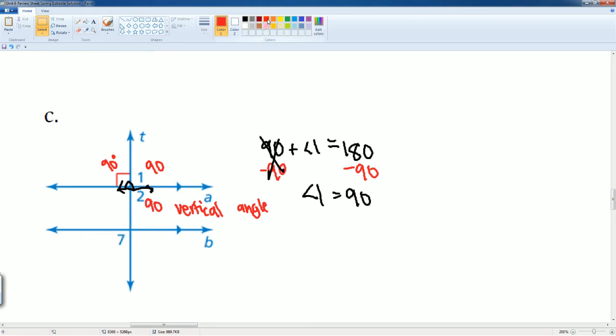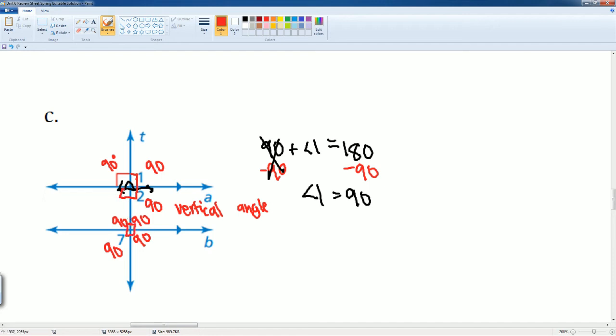So this is going to be 90, this is going to be 90, this is going to be 90. So this, by vertical angles or by linear pair, will also be equal to 90. This is the special case because the transversal line here is perpendicular. So you could see something like the square boxes in all of them.